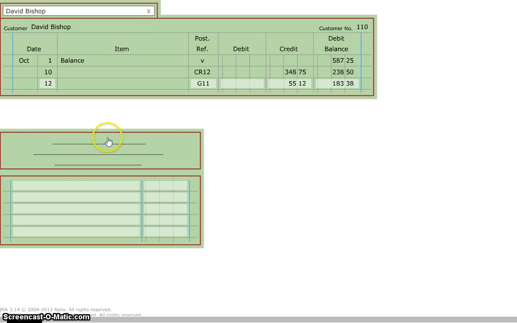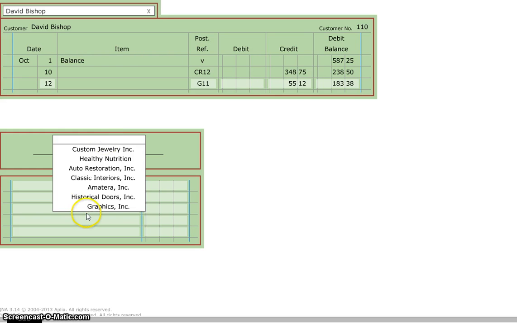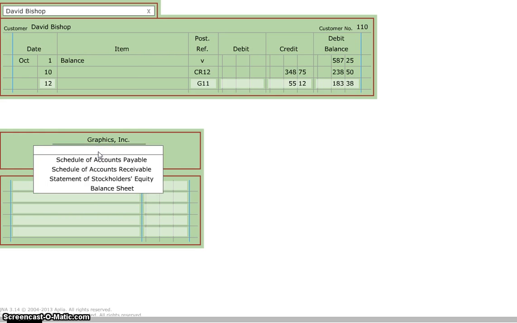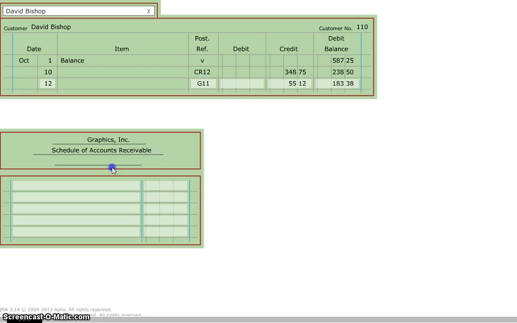So we just go down here, we plug in the name of the company. This is called a schedule of accounts receivable this time, and our date is still October 31st. So we're going to do these right in order. The first one was David, and we're looking at this last balance in the column, 183.38.